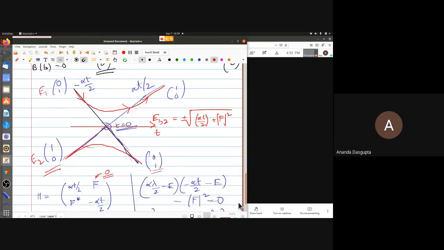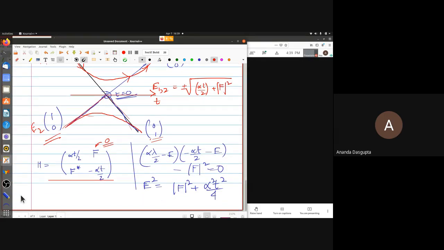So let me just write down the question for you: if psi at -infinity is 1, 0, what is the probability that psi at +infinity is also 1, 0?